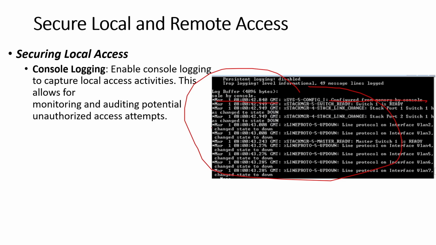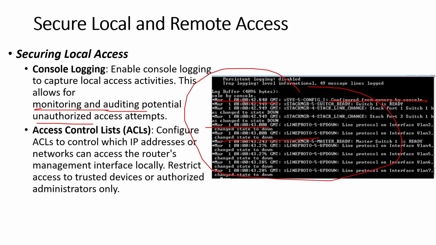This is what has been done. These are lines of logs that have been recorded, so that you can monitor and audit these logs if someone tried to access your devices without authorization.